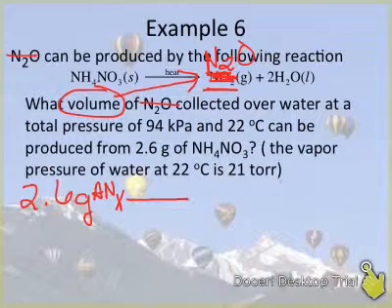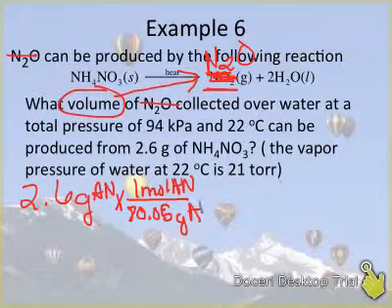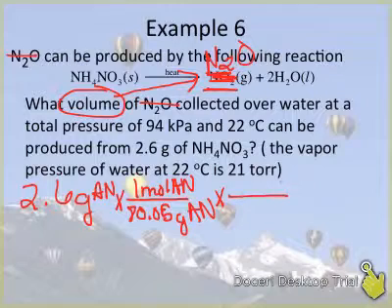We need a mole to mole ratio, right? So 1 mole of ammonium nitrate is going to equal 80.05 grams of ammonium nitrate. But we don't even want moles of ammonium nitrate, do we? What do we want? We want moles of N2O.